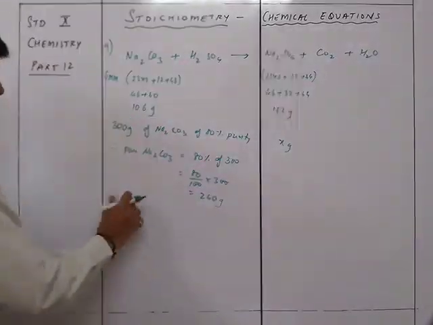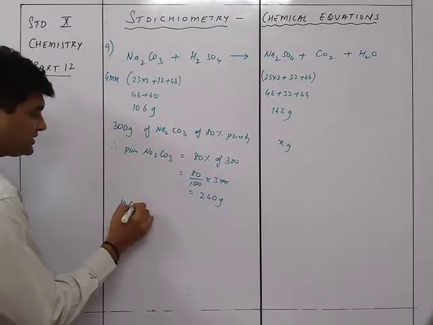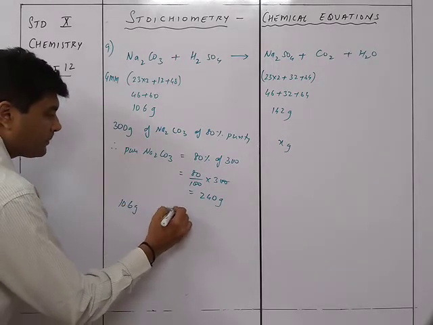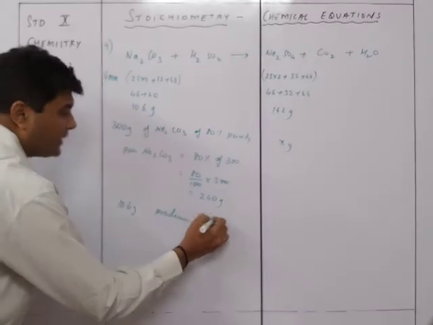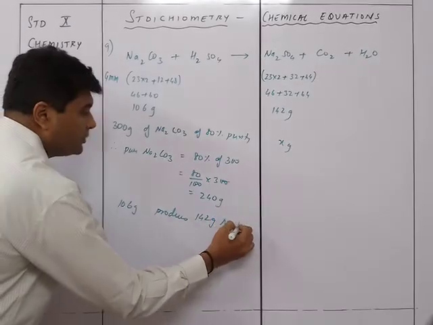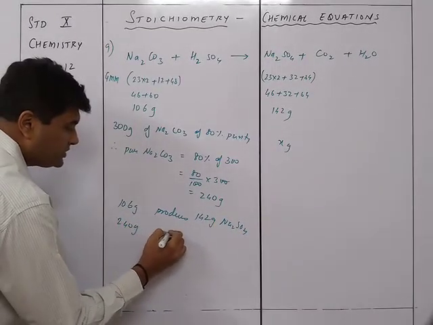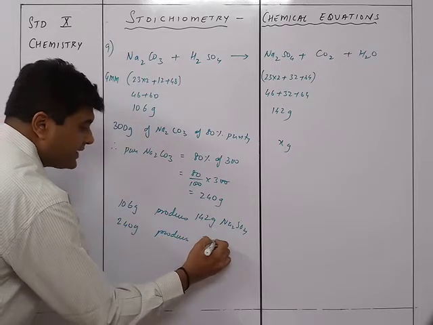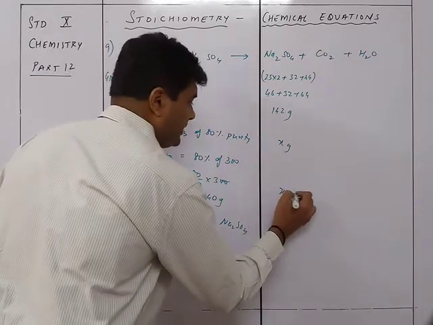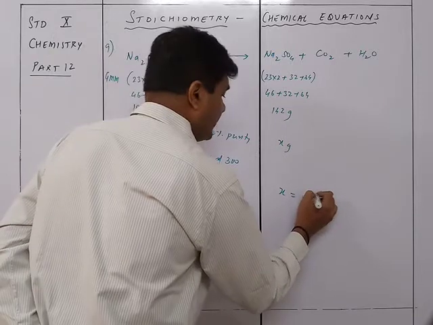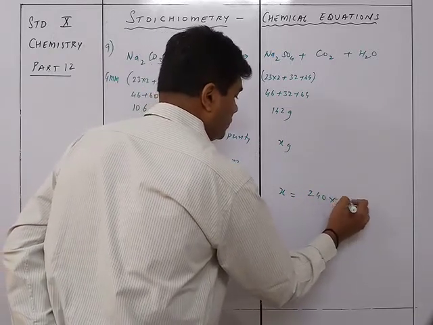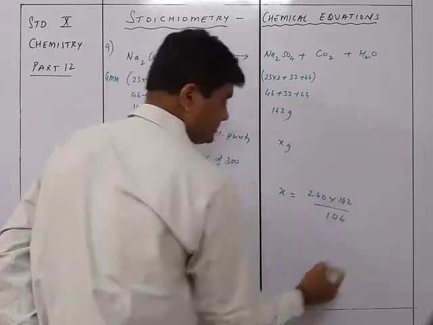Okay, so we have over here that 106 grams produces 142 grams Na2SO4. So 240 grams produces X grams. So X will be equal to 240 into 142 upon 106.